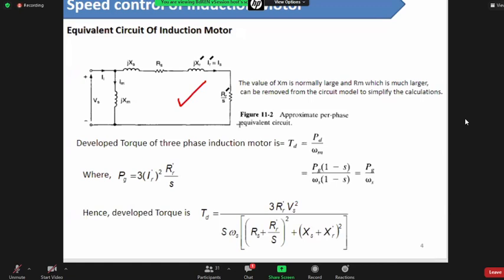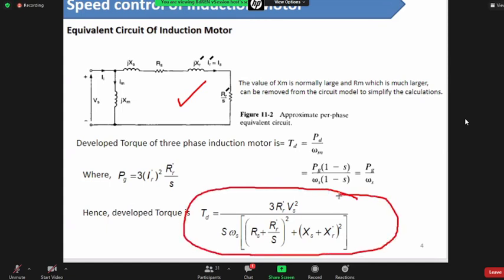If you try to develop the torque equation for an induction motor, it will be something like this: torque is equal to developed power divided by speed. You all know that developed power is nothing but the product of torque and omega, so we are just writing it the other way. Developed torque is actually P_d divided by omega. Finding the expression of developed torque in terms of the equivalent circuit parameters, the expression would look like this.